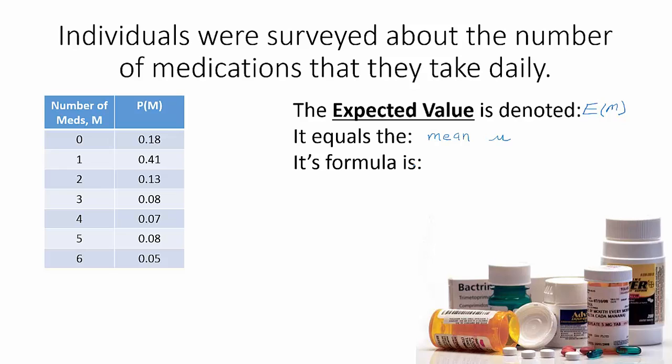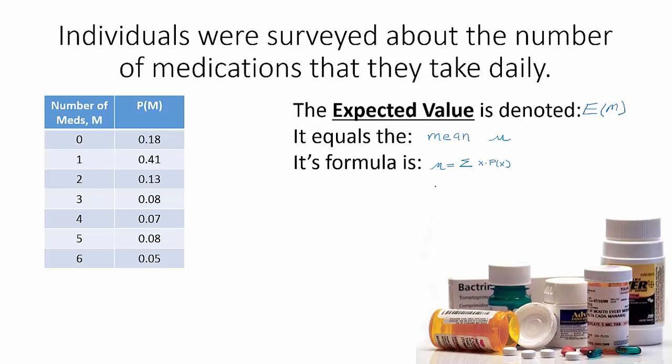It has a formula, and I encourage you to write this in your notes so that you have it on hand. And mu, the mean or expected value, is equal to the sum, remember that uppercase sigma, add up, the x times the probability of x.